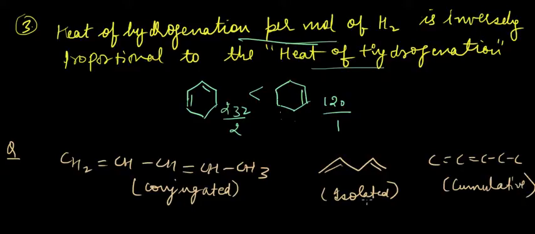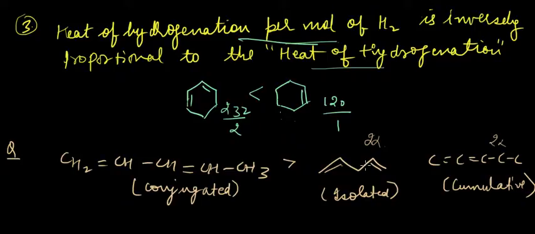Tell me the stability order. This is involved in resonance, so this would be the most stable, and for these two just calculate the number of alpha hydrogens. The number of alpha hydrogens for this is just 2, and for this is how many? 1, 2.